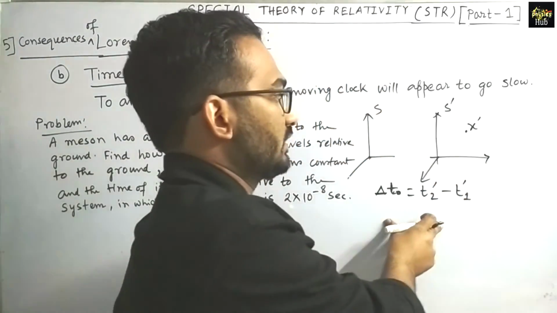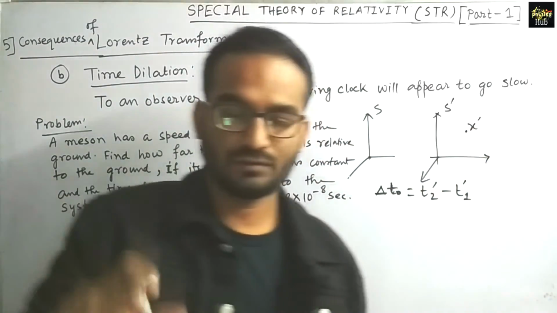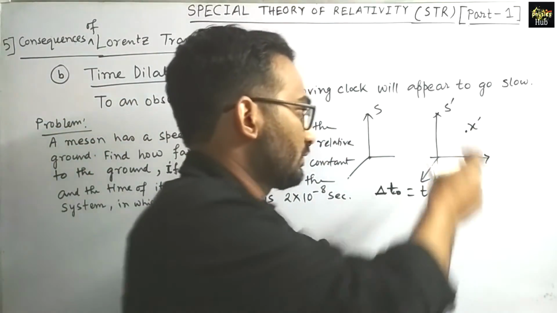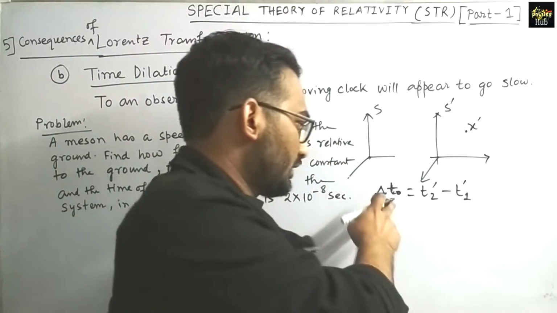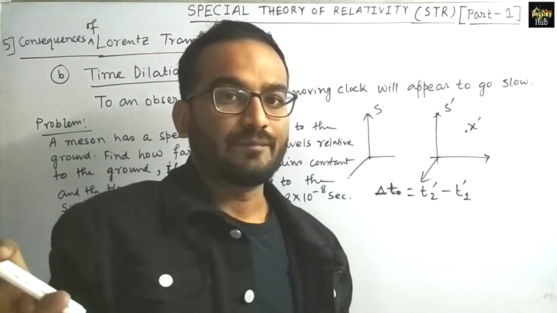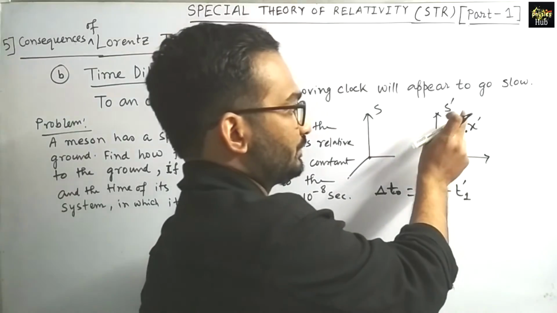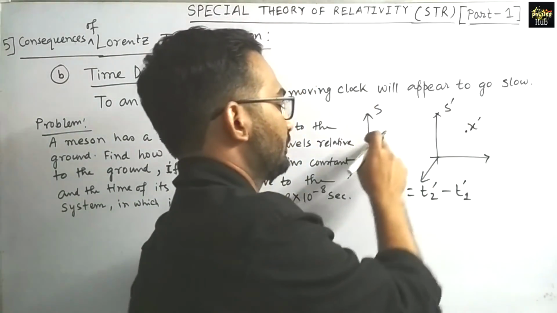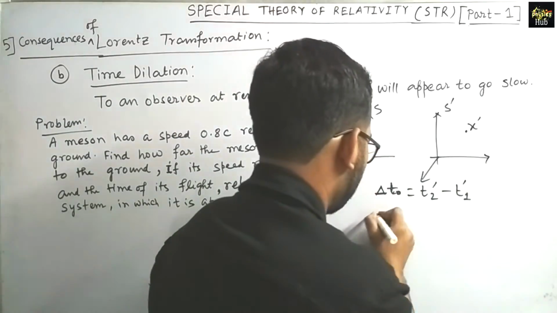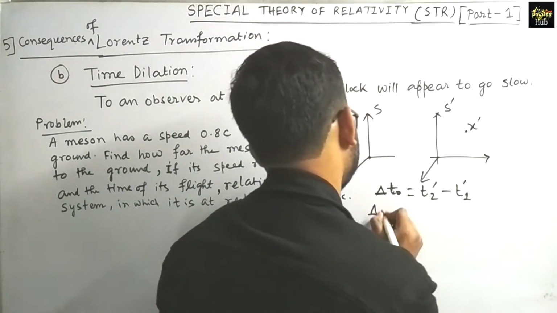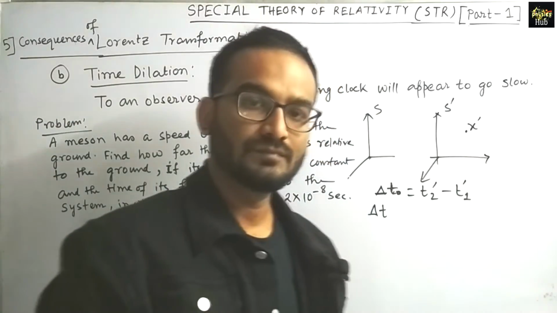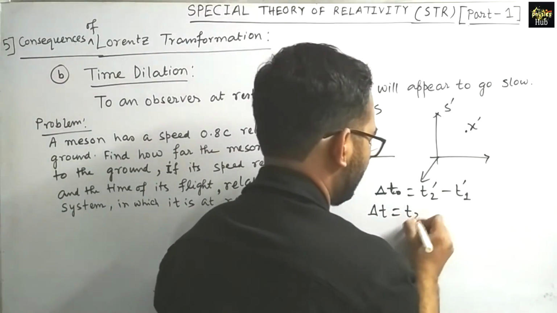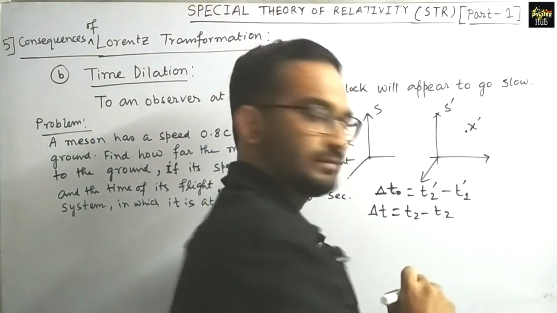Now the clock is in the S prime frame, so it is at rest with respect to this S prime frame. So delta t naught is the proper time. Now what will be the time interval with respect to the S frame? Let's suppose that is delta t. So delta t is t2 minus t1.